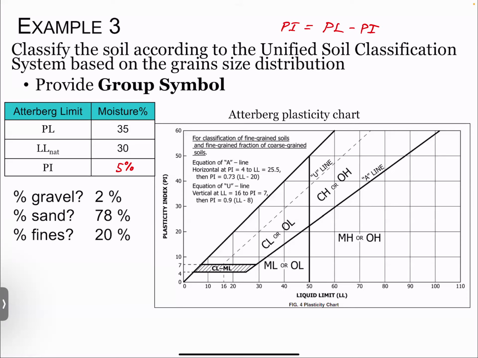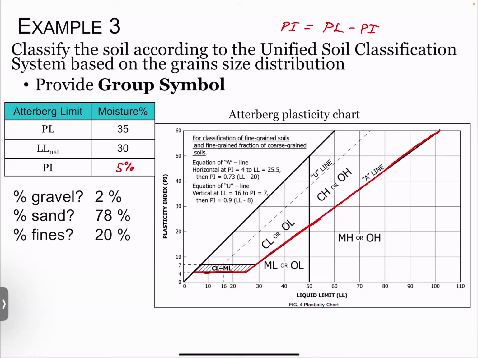And this chart is going to be rearranged a little bit because we are looking at a sandy soil, and so we only want to determine whether the soil is clayey or silty. So that line is this line here. Even though in the form as it currently is, we distinguish between high plasticity or low plasticity, which is the L or the H, when we're looking at sandy soil, all we care about is that A line.